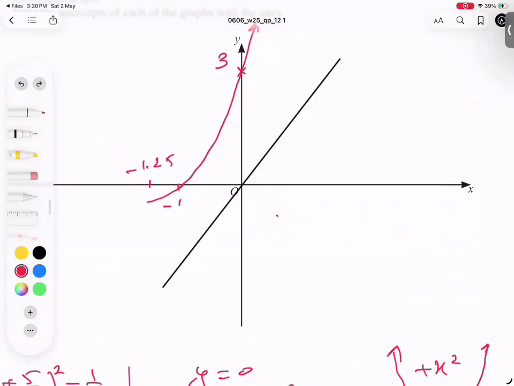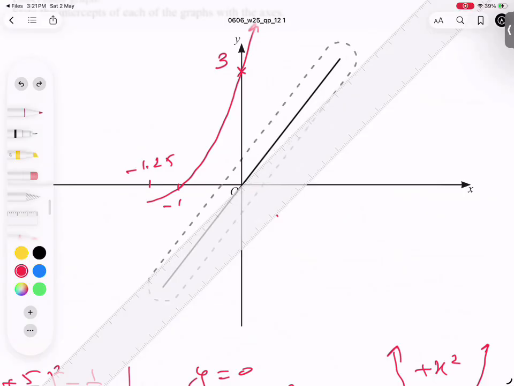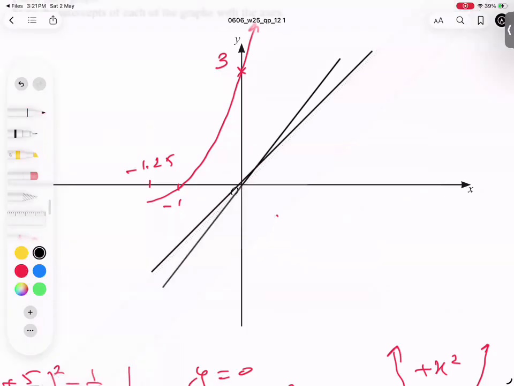I think this line is slightly wrong. I have to take equal space. This line is okay, and let me erase the previous one.